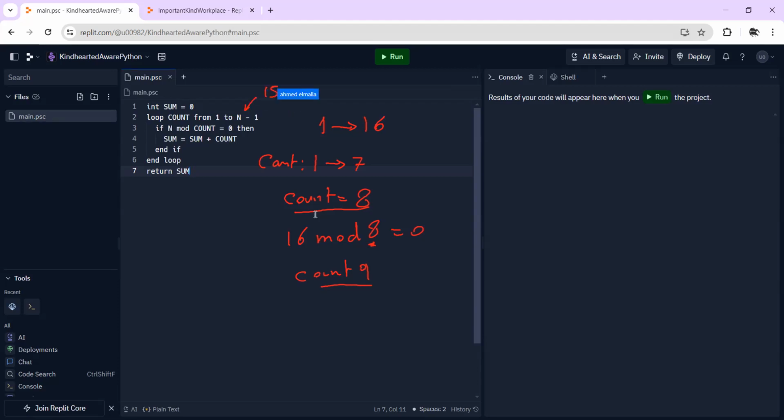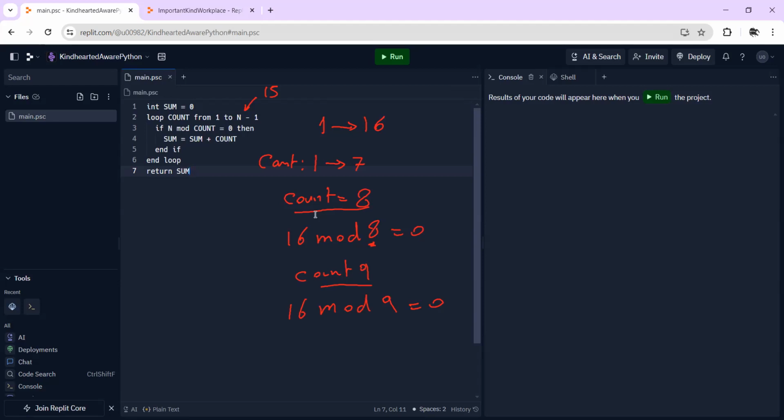Okay, I accept that. But think with me. If the count is 9, then 16 mod 9 equals 0 or not? No, it would be 7. Okay, that's good.